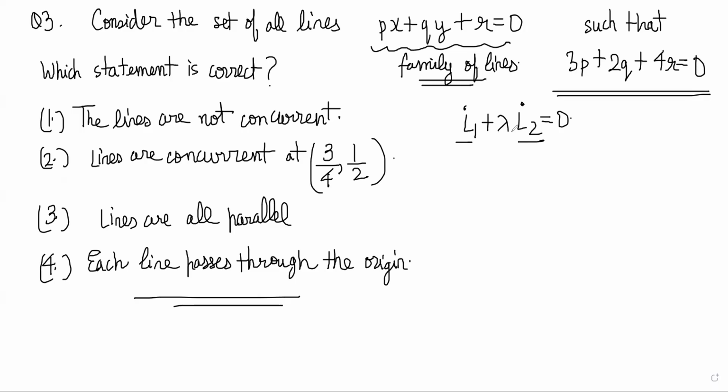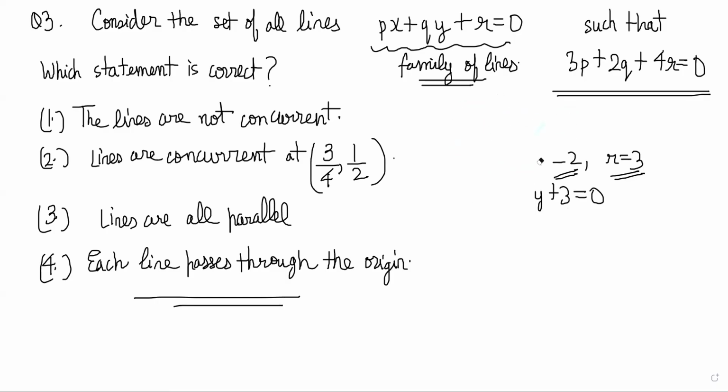So obviously you should understand that if P is 1, Q is 2, R is 3, you get a particular line equation, right? And if P is different, Q is different, and R is different, you will get a new line equation. So basically for different values of P, Q, and R, the same equation is going to represent different lines.